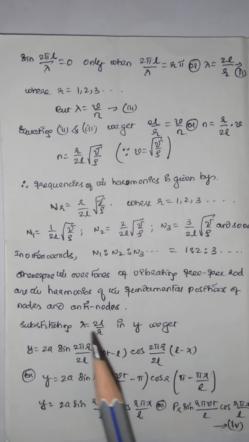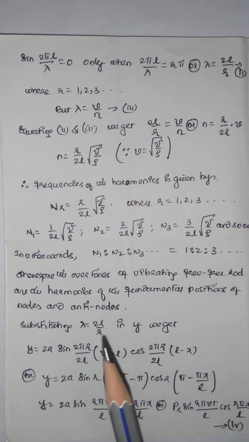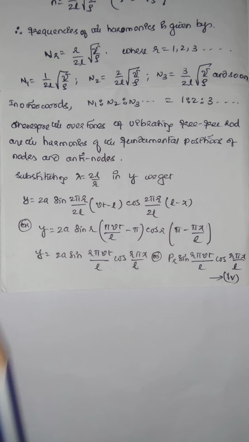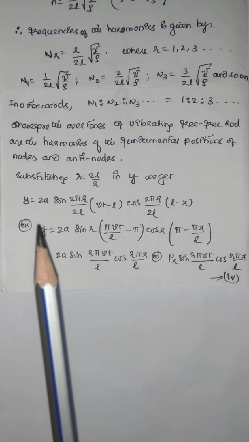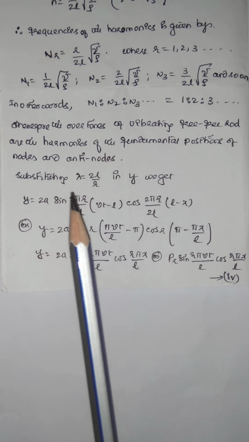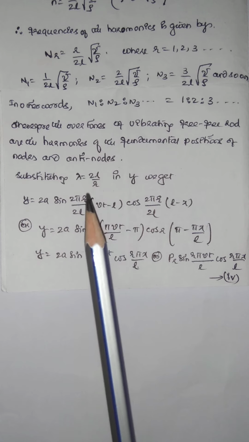Now, we shall substitute lambda is equal to 2L by r in the expression of y. Now, y is an expression for the stationary wave. In the expression of the stationary wave, wherever we have lambda, we have to replace it by 2L by r.